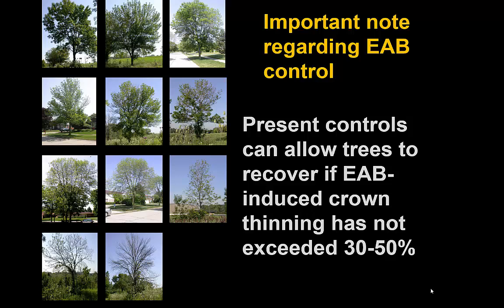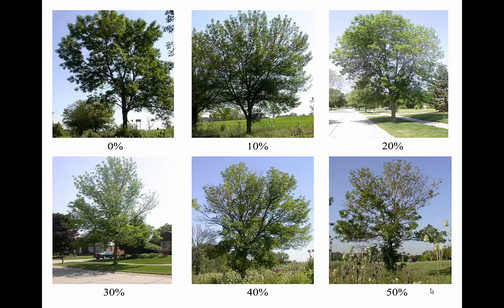So present controls can allow trees to recover if the amount of dieback that emerald ash borer has produced is not more than 30 to 50%. So if it's produced some dieback but not more than 30 to 50%, then emerald ash borer can be managed and the trees can recover. So this is what we're talking about. In these pictures, all the damage that is indicated here is associated with emerald ash borer.